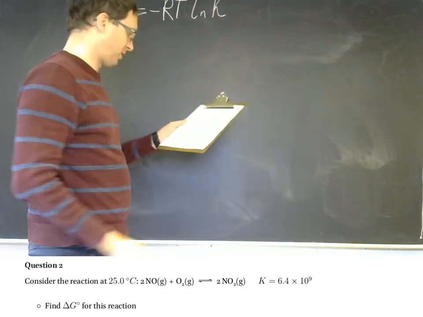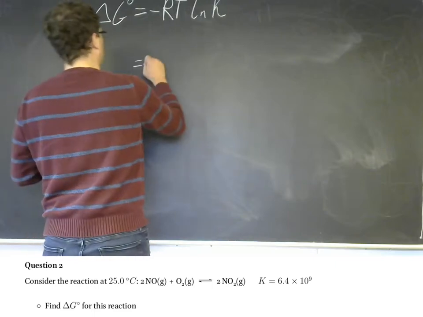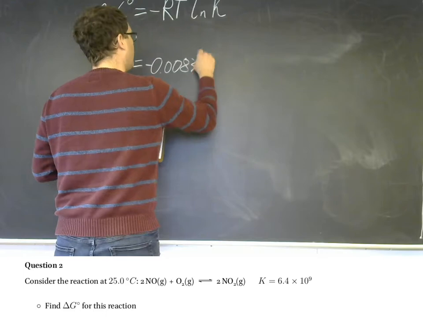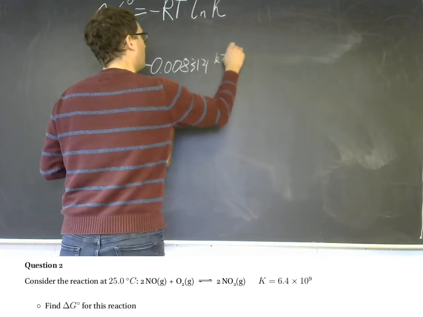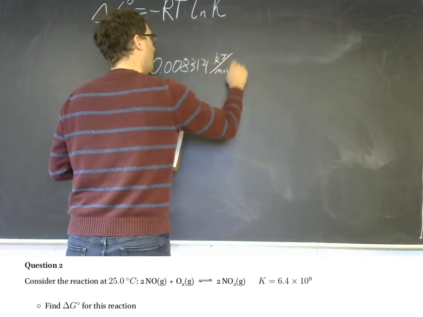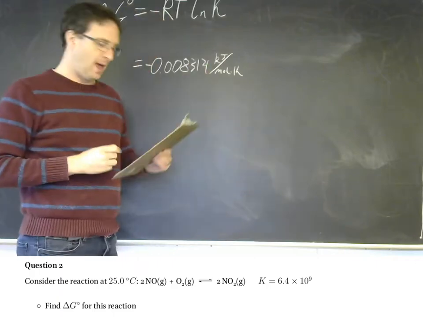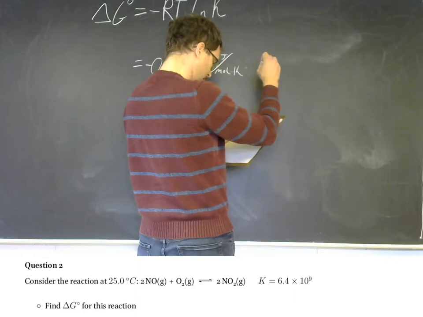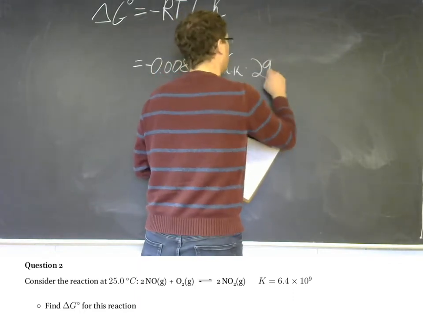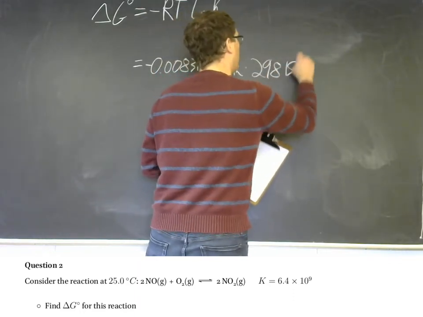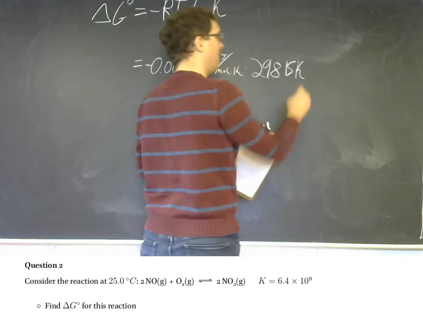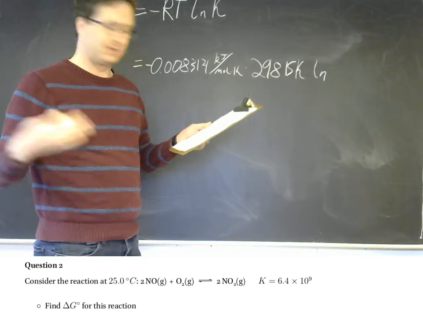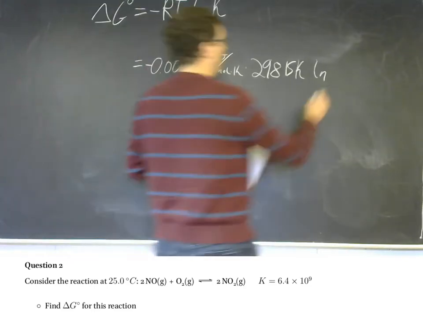So this is pretty straightforward. That's going to be, again, the negative 0.008314 kilojoules per mole Kelvin times the temperature of 298.15 Kelvin times the natural log of that equilibrium constant, 6.4 times 10 to the 9th.